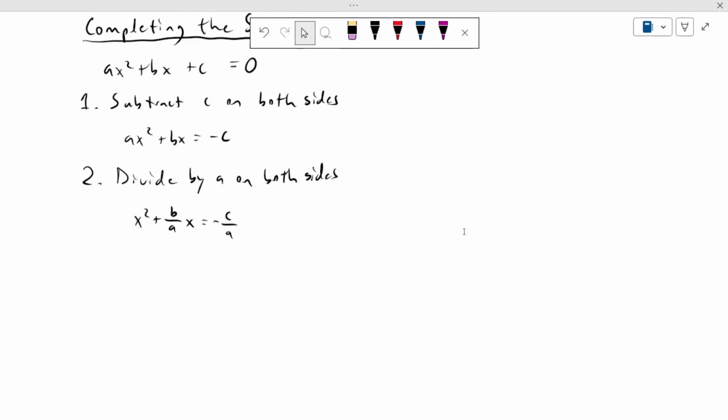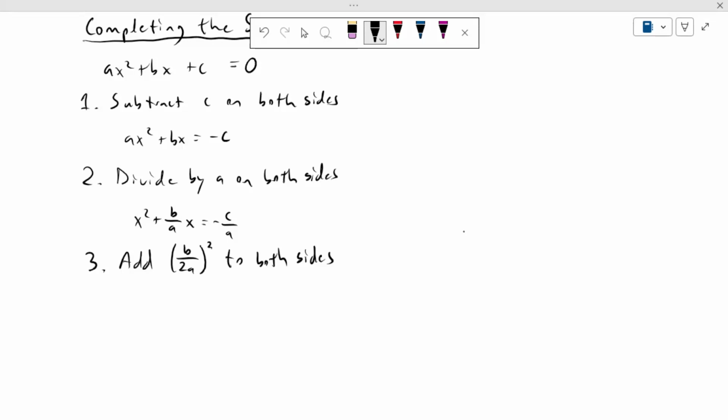Yeah. All right. This is the most complicated step right here that comes next, okay? We're going to add b divided by 2a, quantity squared, to both sides. Seems kind of a weird thing to do, but that's what we're doing.